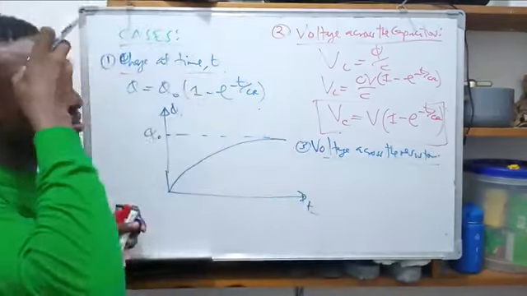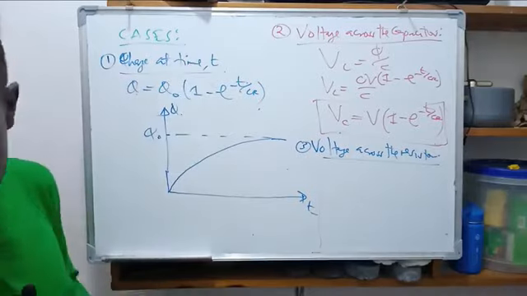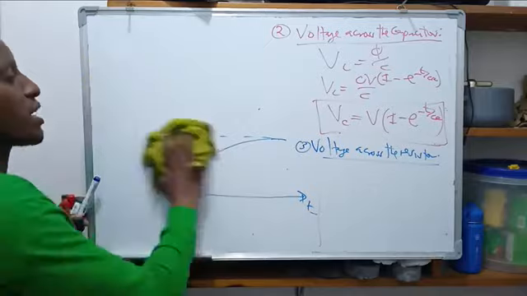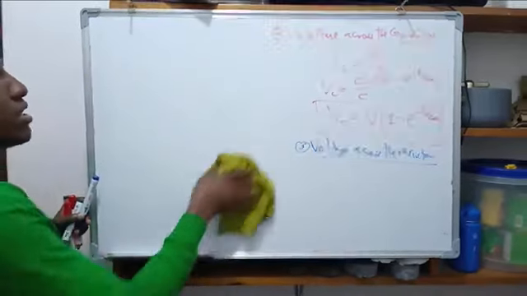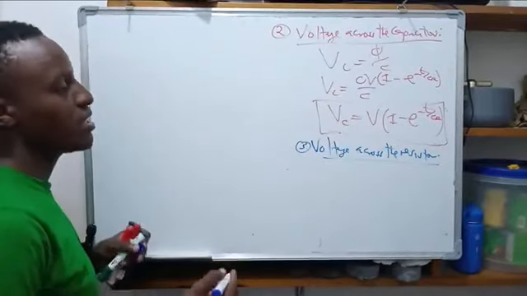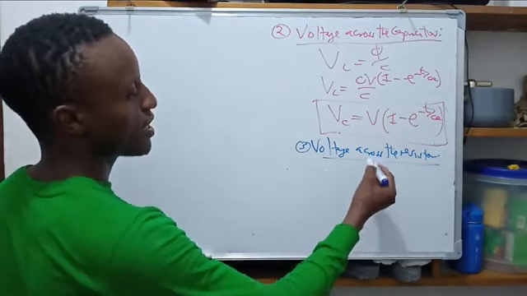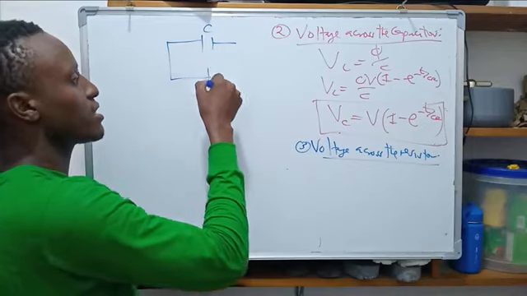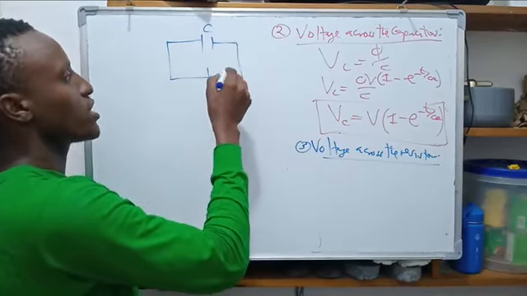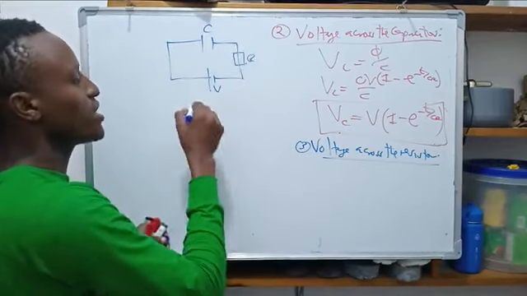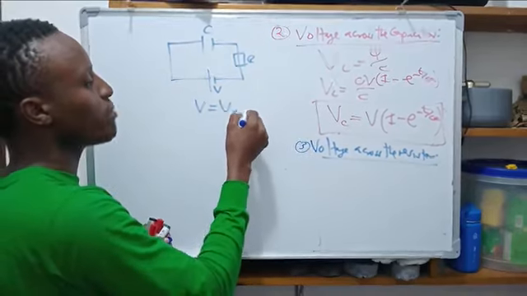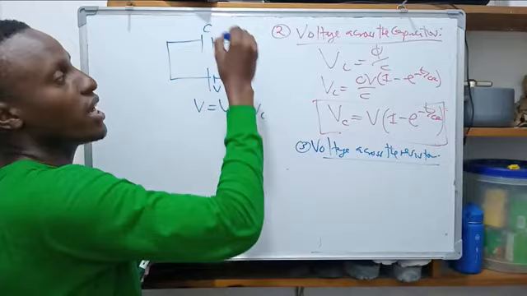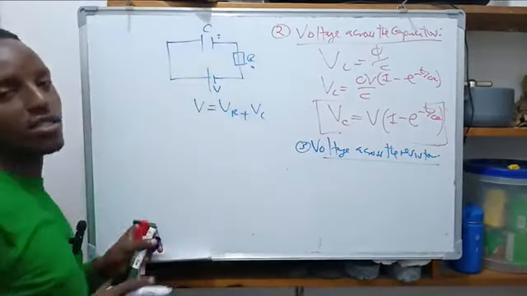We said, as we are charging the capacitor, let me remind you with this drawing. This is the capacitor and this is the cell, with a resistor here. So we said V is equal to VR plus VC. The potential from the battery is equal to the summation of the potential drop across the resistor and the potential drop across the capacitor.